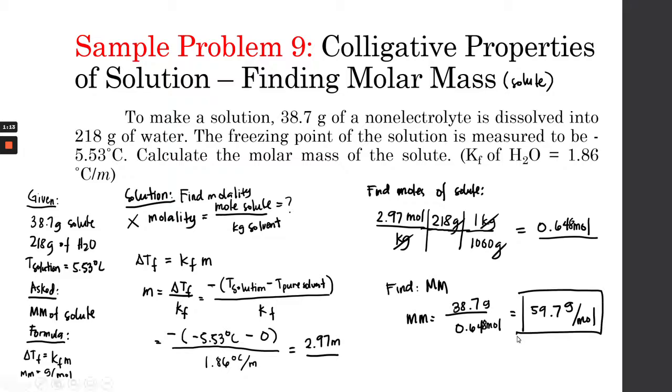So that is the molar mass of our solute. Again, you didn't have to know what solute you have. You just need one piece of information from its colligative properties, and then you can deduce the molar mass of your solute.